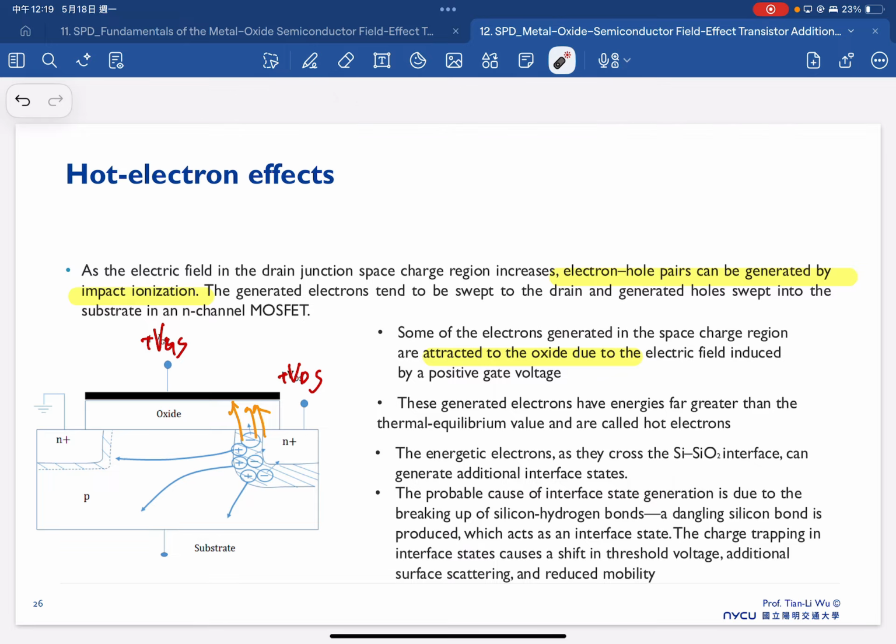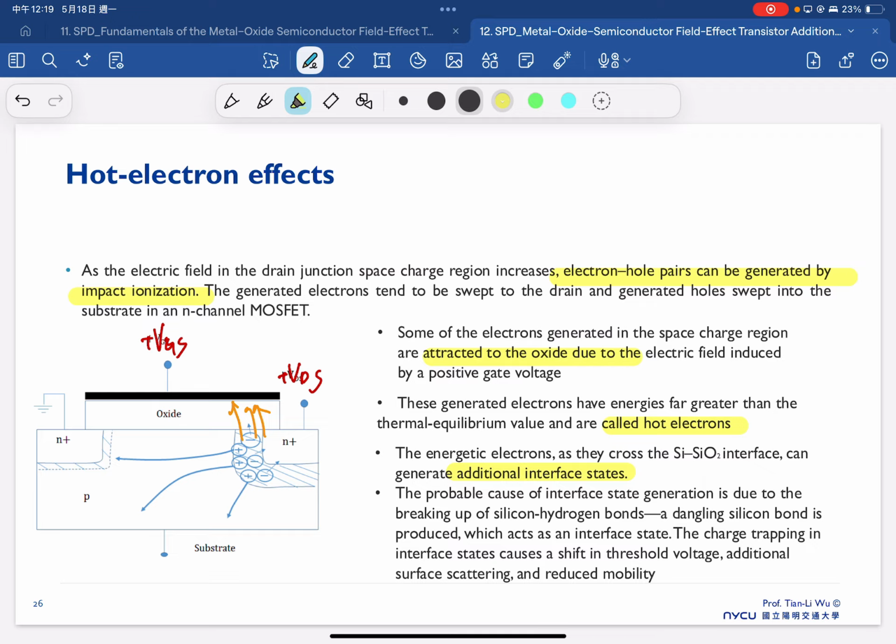These generated electrons have an energy far greater than the thermal equilibrium value. That's what we call the hot electron, because it is accelerated and has more energy. This energetic electron will cross the silicon oxide interface and generate additional interface states.